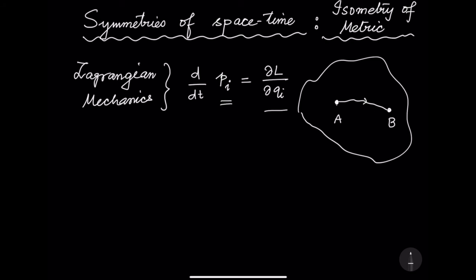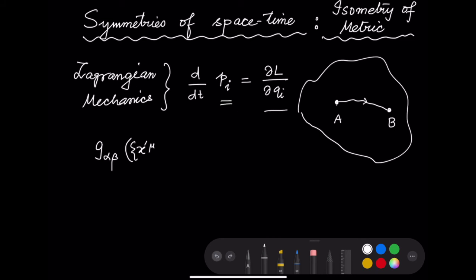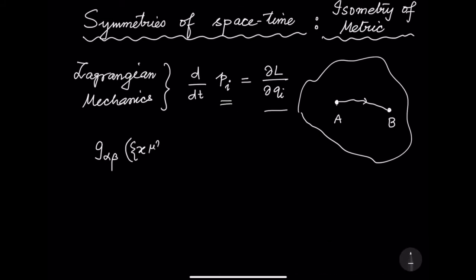Now let's talk about a metric. So G alpha beta, say. This is a component of the metric. We are writing things in the component form. And these are functions of, say, x prime mu. Okay, so left hand side, let me write x mu, no prime. So this is just a convention.